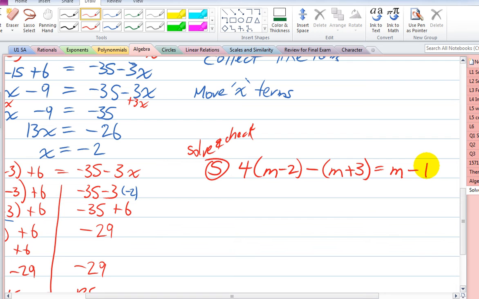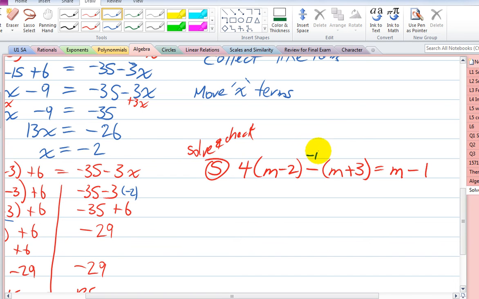Lots of little things to be careful of with this question. So the first thing is to multiply to get rid of the brackets. You guys want to know what you have to be super careful of? The subtraction sign. In order to subtract properly, what do you have to do? Change your signs.